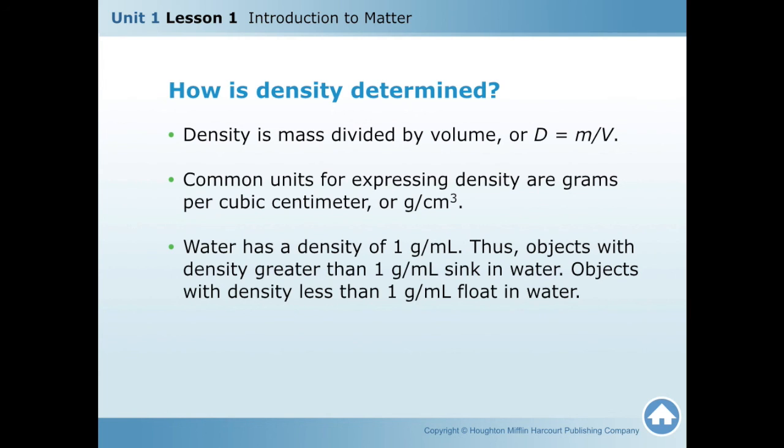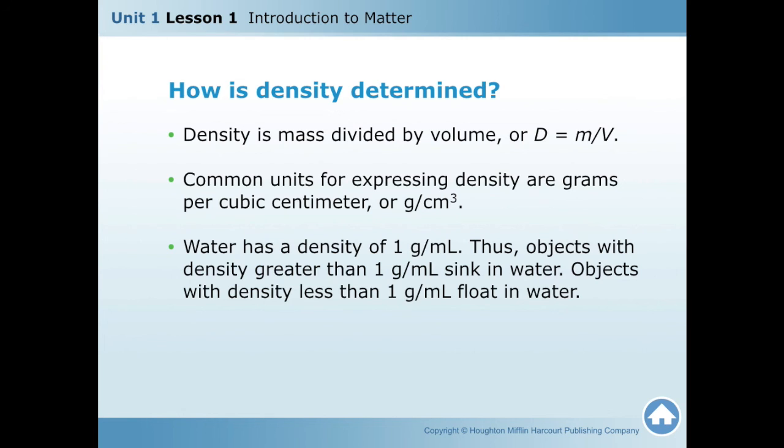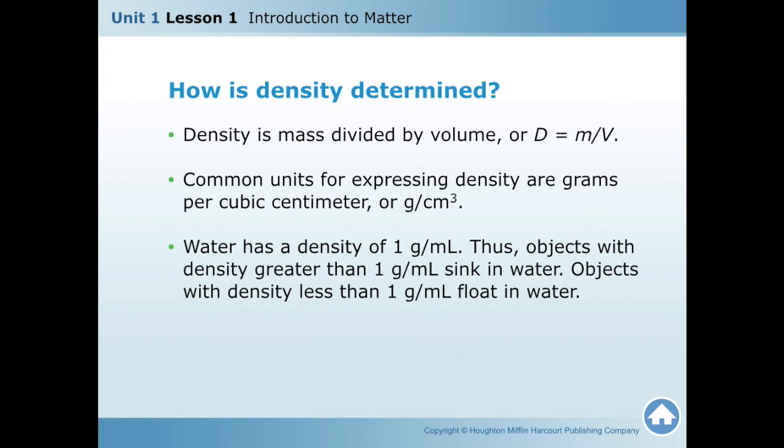The density units most often used are grams per cubic centimeter for solids and grams per milliliter for liquids. The density of a given substance remains the same no matter how much of the substance you have. That is, the density of 1 cubic centimeter of a substance is equal to the density of 1 cubic kilometer of that substance.